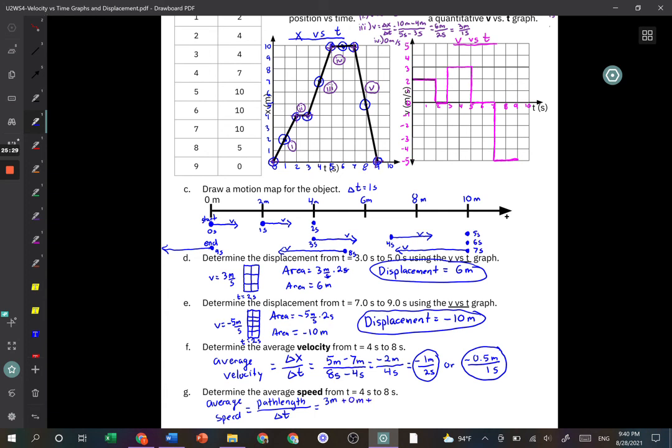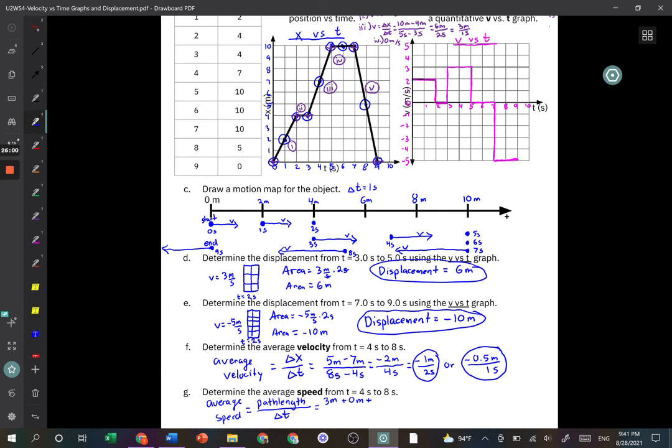And then the last region we'll be looking at is from 7 seconds all the way down to 8 seconds. So we need to figure out not the change in position, but the change in distance from here down to here. If we start off at a position of 10 meters, and we end up at a position of 5 meters, the change in position is minus 5 meters when we are measuring relative to the origin.